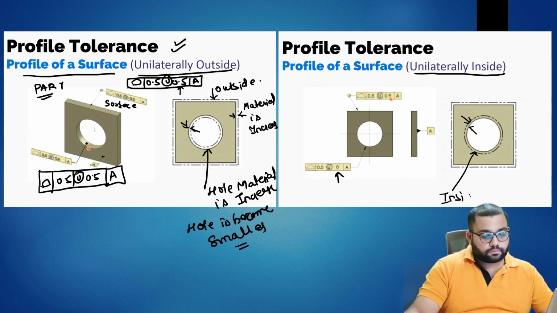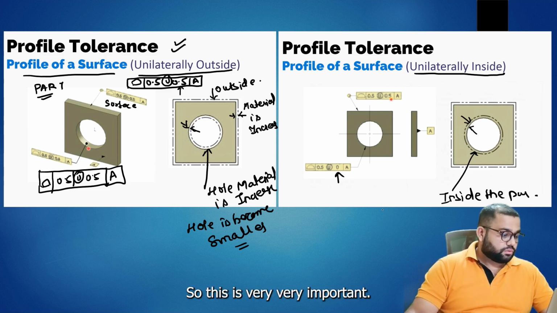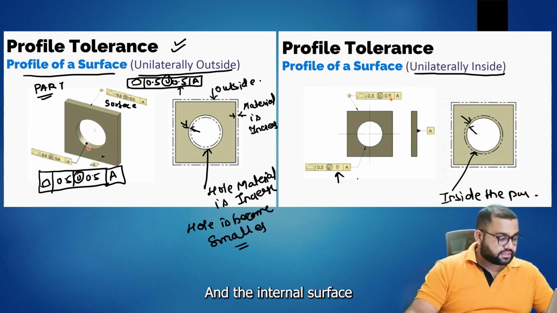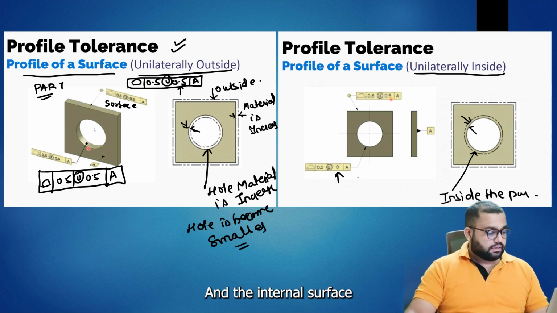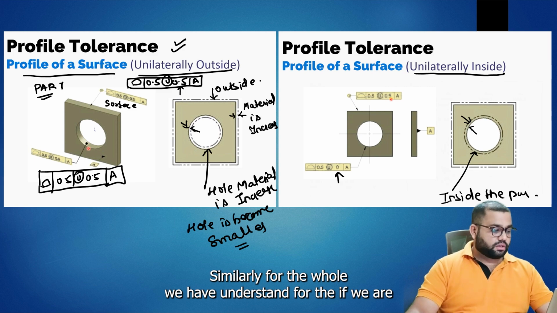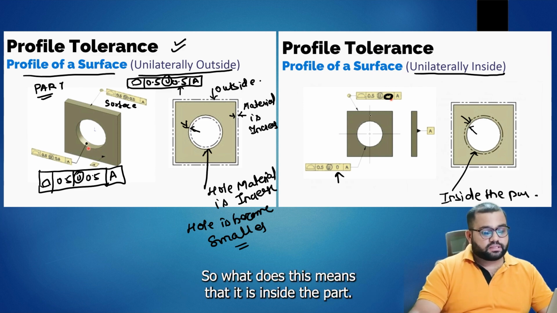Okay. So this is very, very important. Here we have an example of an external surface and the internal surface, applied unilaterally outside and unilaterally inside. Similarly, for the hole, we have understood that if we make zero over here, what does this mean? It is inside the part.